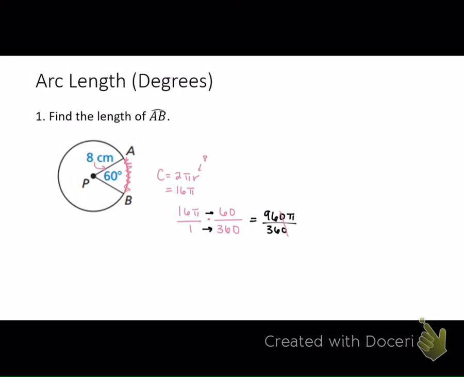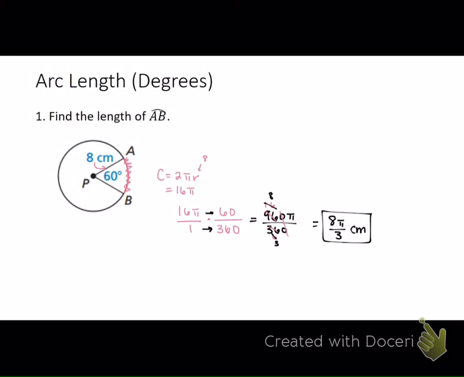Does 6 go into 96? Yeah, it does. So I'm going to divide top and bottom by 6. That's 16 over 6, and then what goes into both of those? 2? Did you guys try it in your calculators and get the same thing? 8 pi over 3? Is that what you got? And it's in centimeters, guys, because our radius is in centimeters.